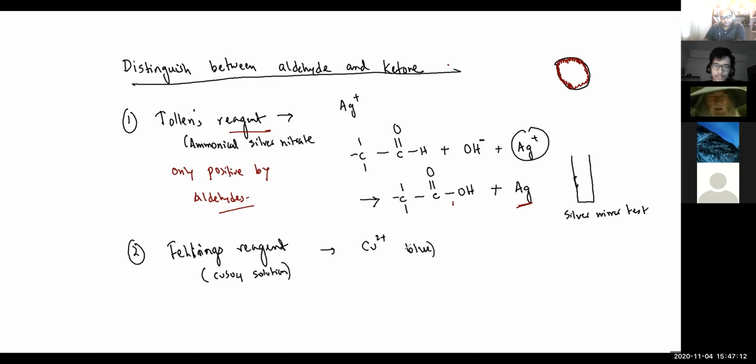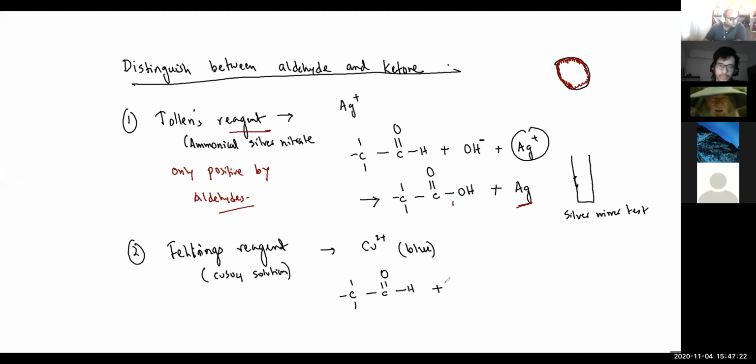So when you have an aldehyde under alkaline conditions, it gives us a carboxylic acid, and this copper 2 changes into copper 1.